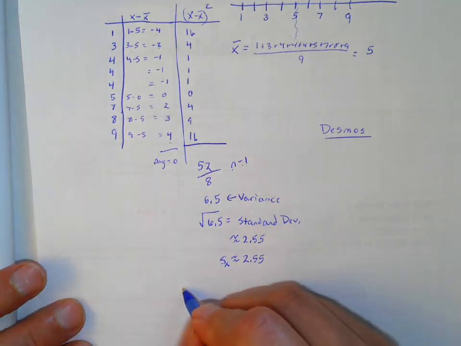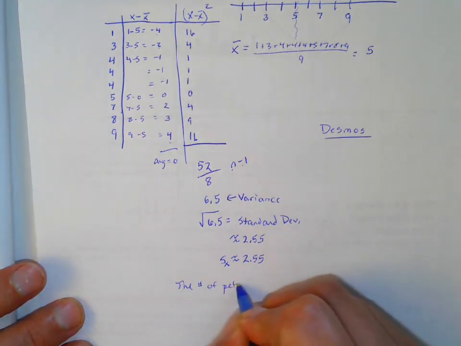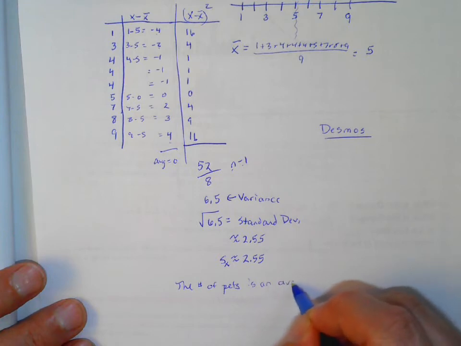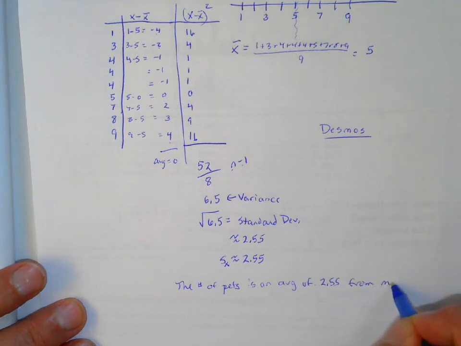We would say the number of pets people have is an average of 2.55 from the mean of 5.